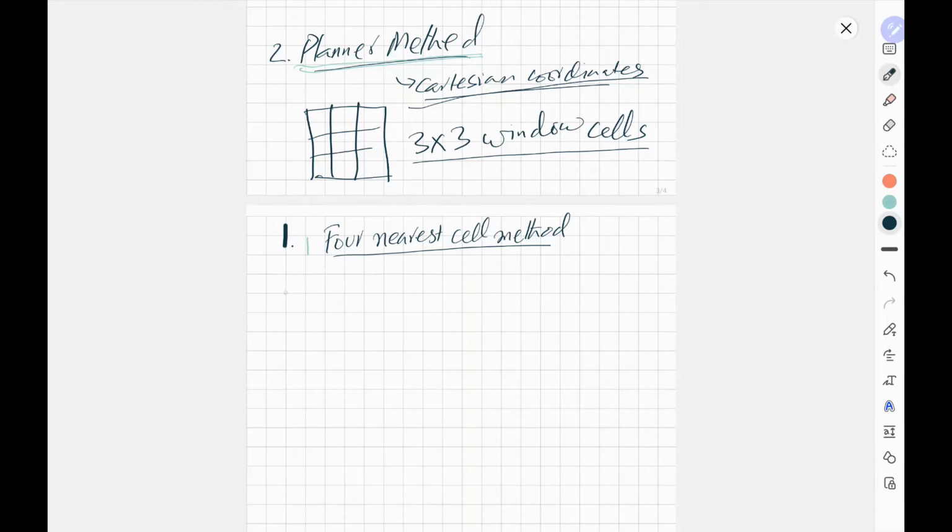The second one is known as the third order finite difference approach.